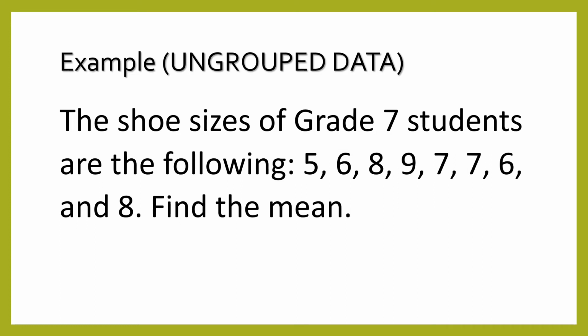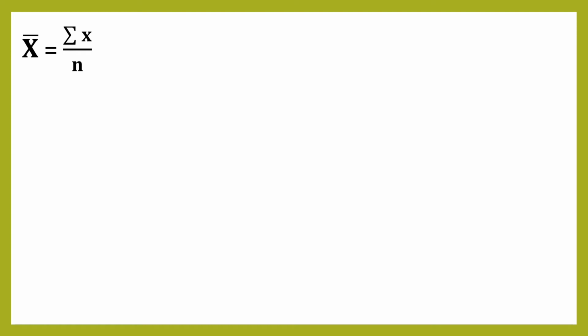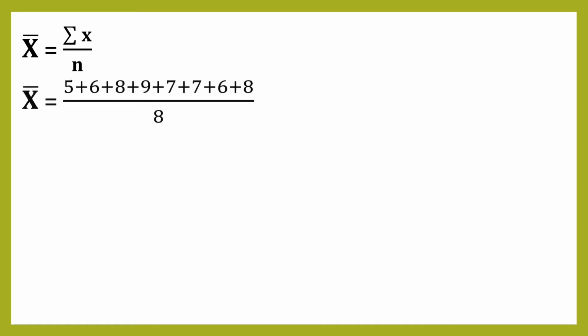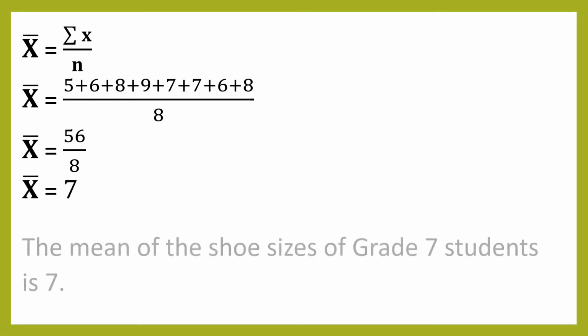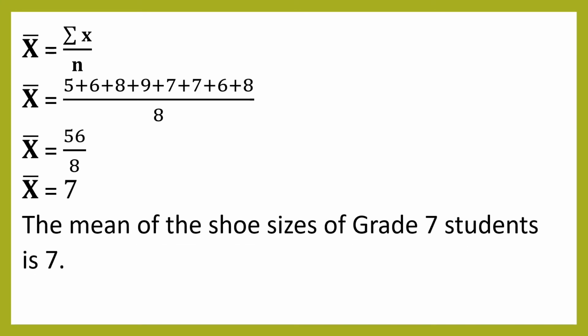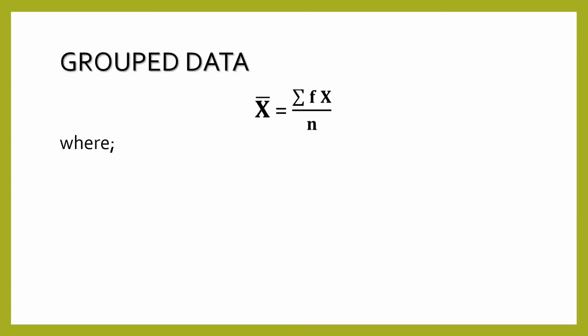To find the mean in this kind of problem, we will be using the formula x bar is equal to summation x over n, where the summation x is equal to the given set of the data, the shoe sizes of the student, over 8, where 8 is the number of students, resulting in x bar is equal to 56 over 8, which is equal to 7. Therefore, the mean of the shoe sizes of grade 7 students is 7.